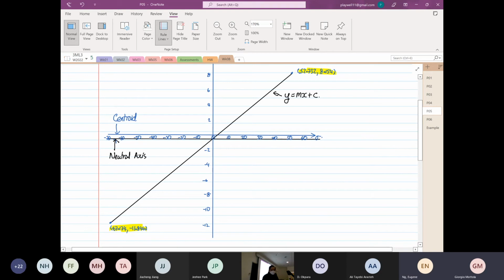That's a function, right? It's a linear equation. So the gradient is equal to the change in y divided by the change in x. So it's a positive slope.